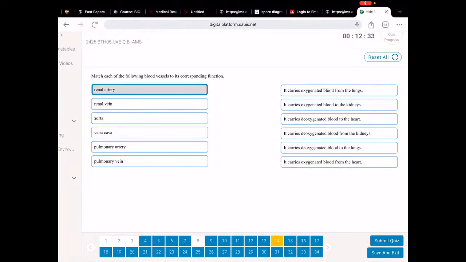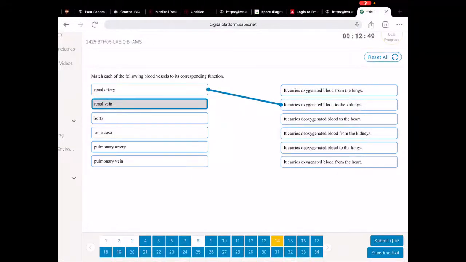Exactly. Pulmonary artery does not carry oxygenated blood. Perfect, guys. So renal artery is gonna carry oxygenated blood to the kidneys, while renal vein, remember, veins carry blood back to the heart. So it carries deoxygenated blood from the kidneys to the heart.